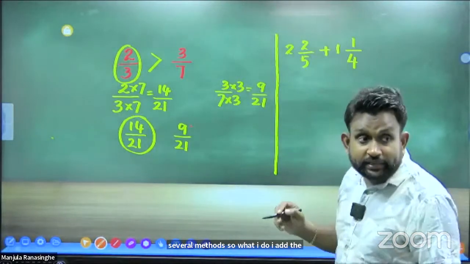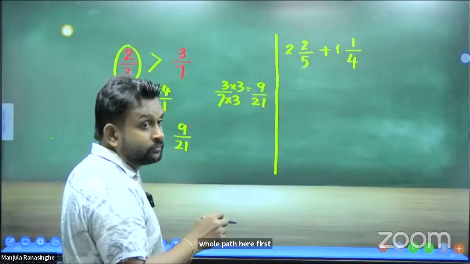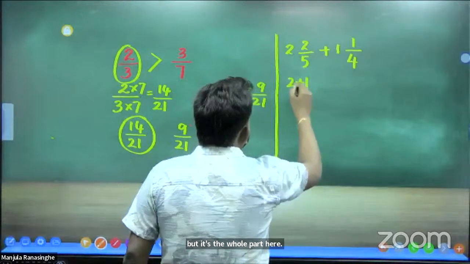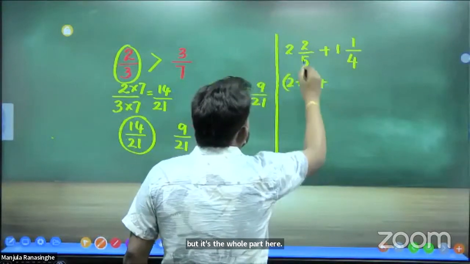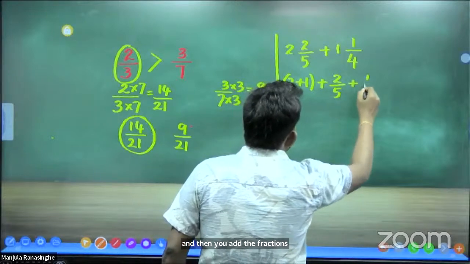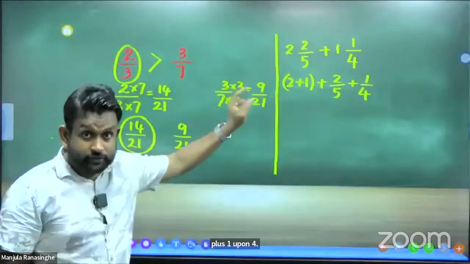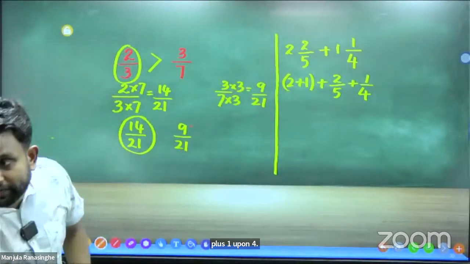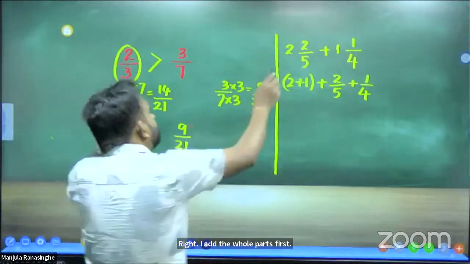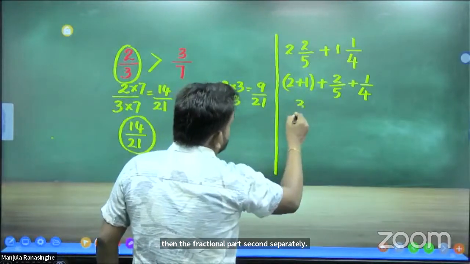What is the whole part here? 2 plus 1 first, and then you add the fractions 2 upon 5 plus 1 upon 4. Right, I add the whole parts first, then the fractional part separately. Whole number parts 2 and 1, fraction part separately. 2 plus 1 becomes 3.